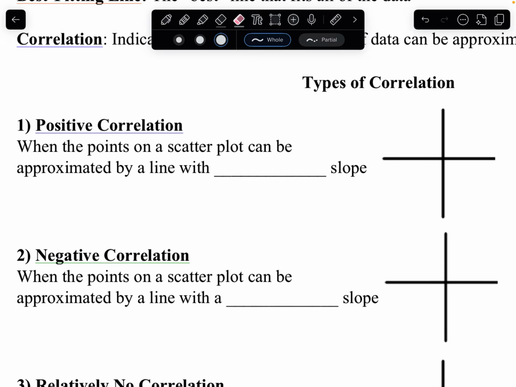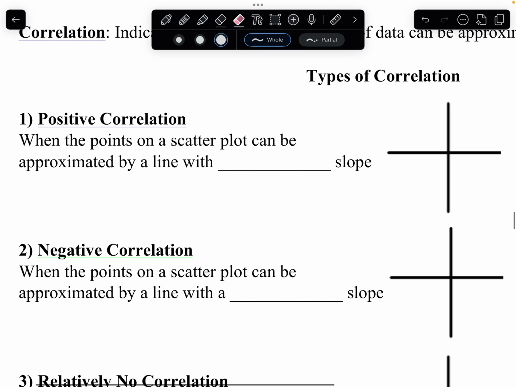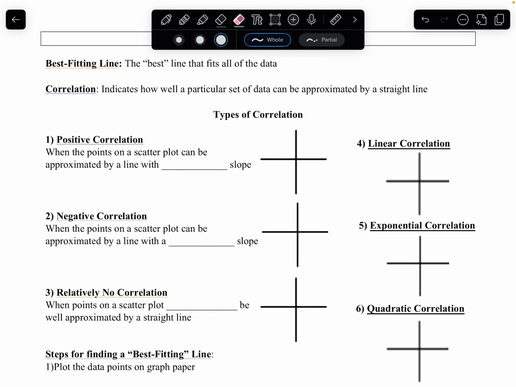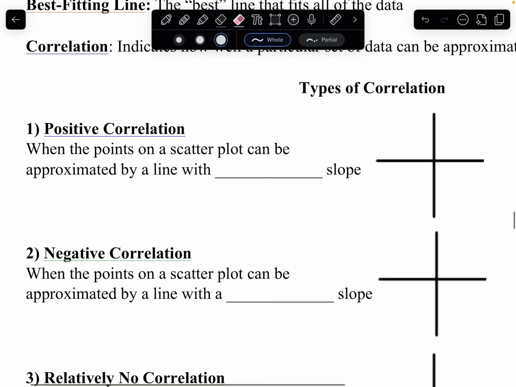So we have types of correlation. This first part of the video is going to be a lot of vocab. We're going to learn 7 new vocab words. The first one is a positive correlation. This is when the points on a scatter plot can be approximated by a line with a positive slope.